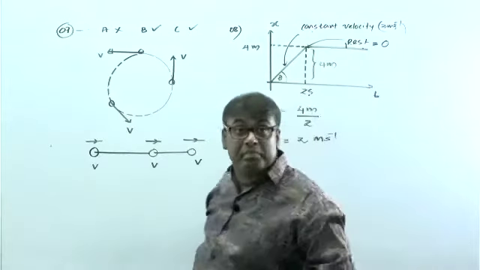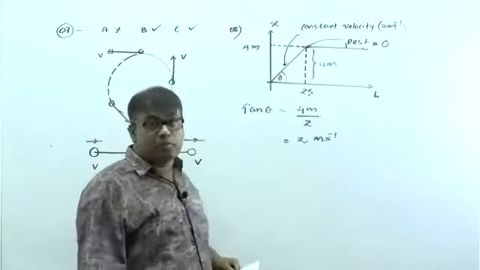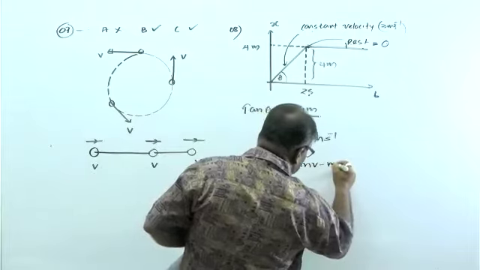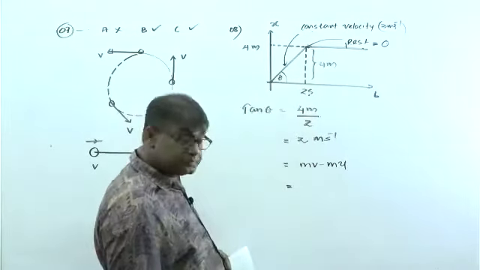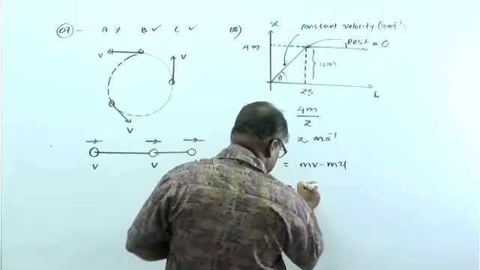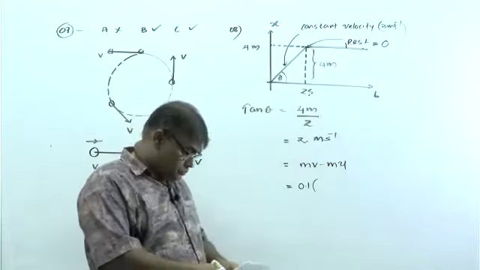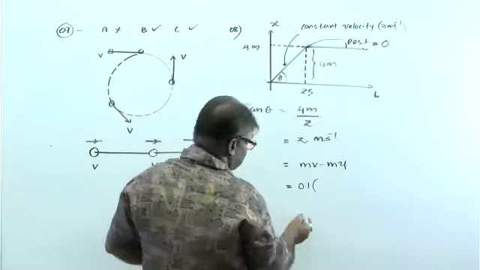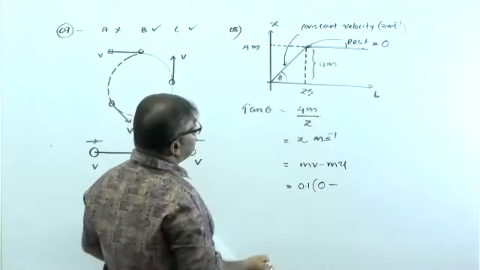Then what is impulse? You should remember that one. Impulse is change of momentum, mv minus mu. Mass is 0.1. Final velocity is 0, it comes to rest from initial velocity 2.